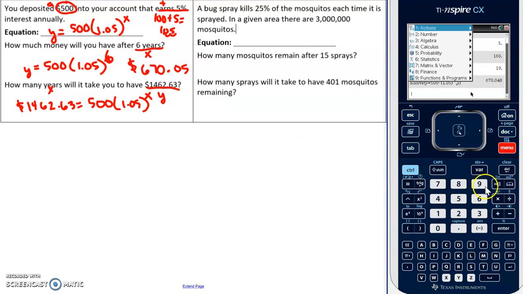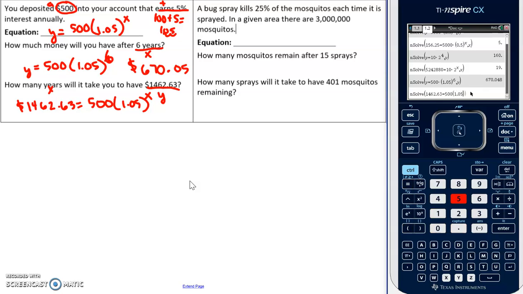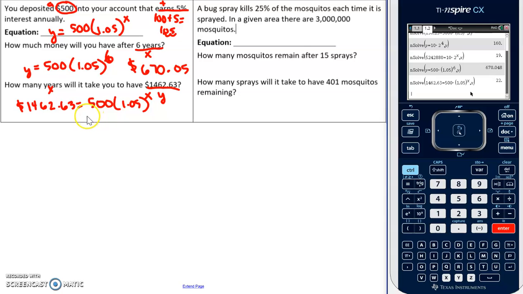So again, if I do menu, algebra, numeric solve, and I type in this equation right here, so 1462.63 equals 500 times 1.05 to the x power, arrow out of the exponent, comma, x is what I don't know, enter. So it says 22 years. So that's a long time to get to that value right there. Okay, so that's what we're doing.